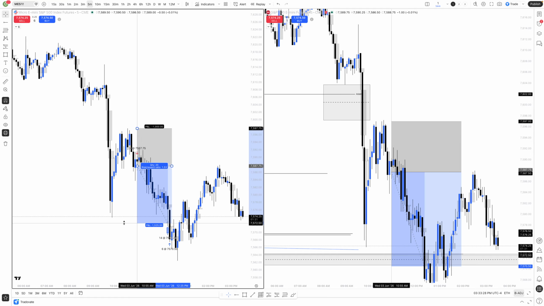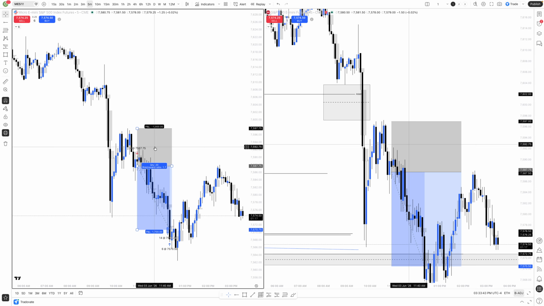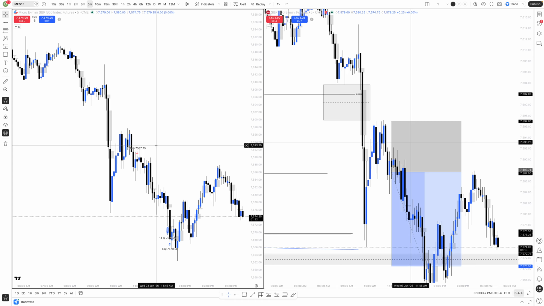TP1, TP2, TP3. You can do the math on that. Yeah, that is the trade I took.